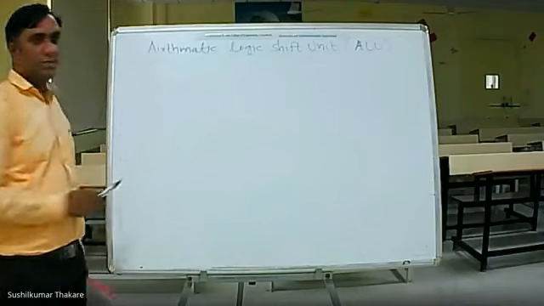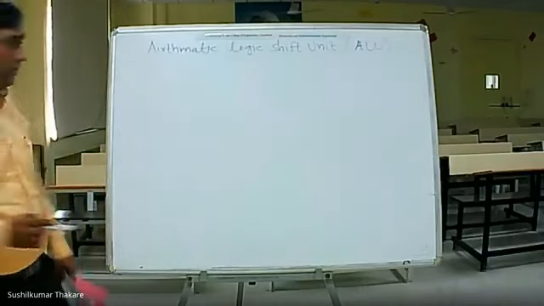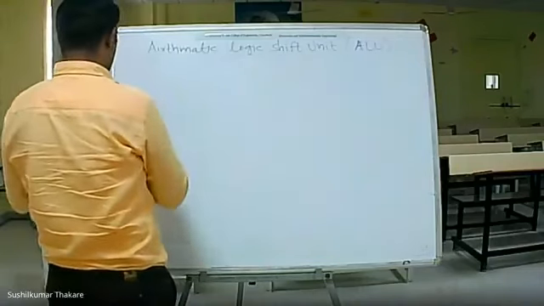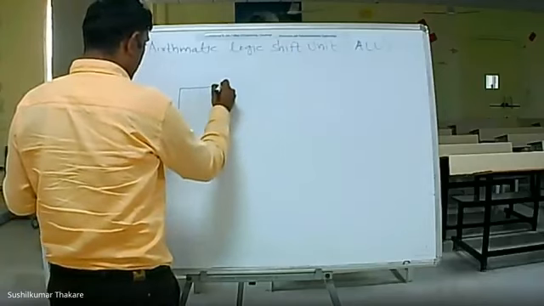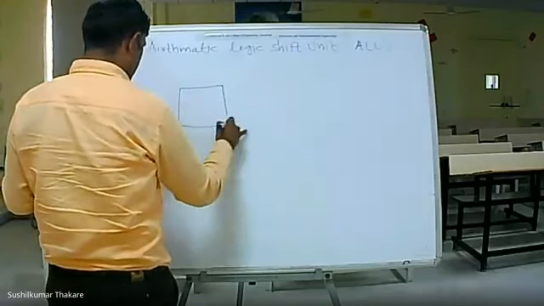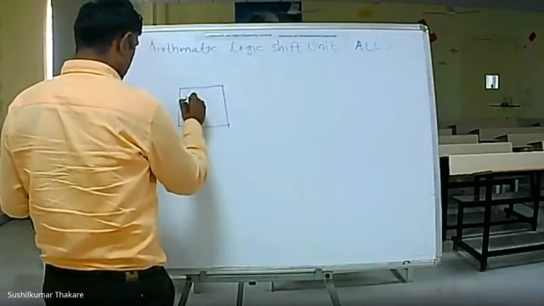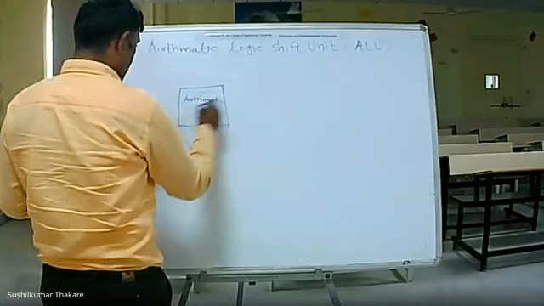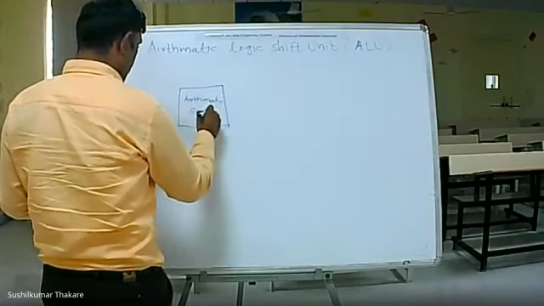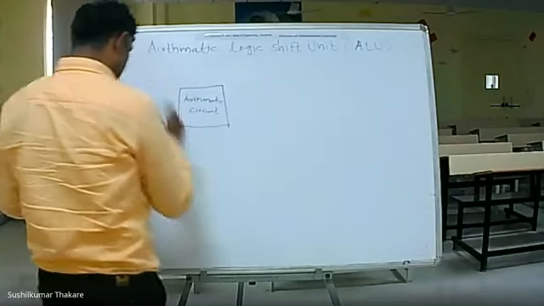So it is designed by using 4:1 multiplexer. This is the ALU. First the arithmetic circuit, so draw the diagram. This is the arithmetic circuit.